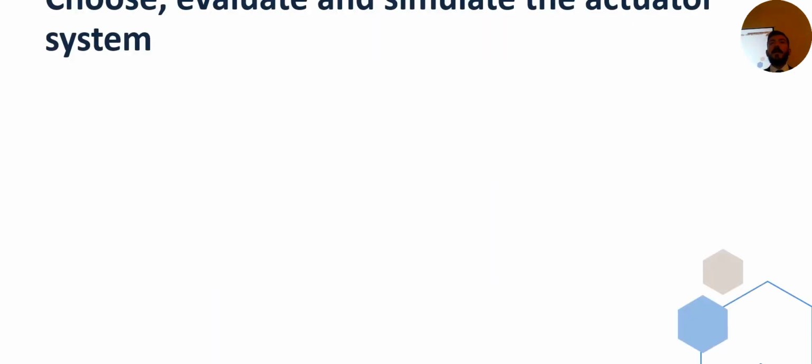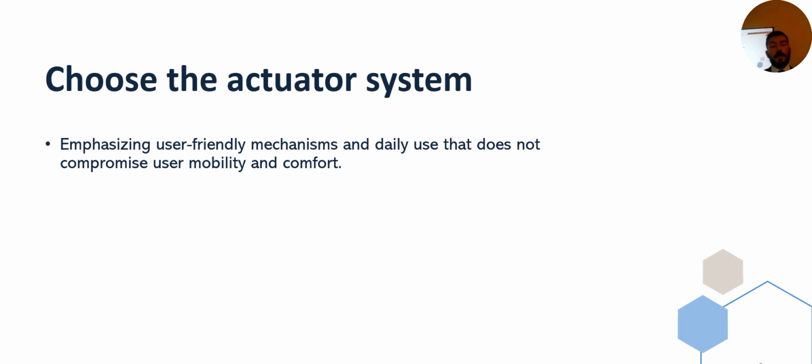The next stage is to choose, evaluate, and simulate the actuator system. First we need to choose the actuator system, and I want to emphasize that we normally need user-friendly mechanisms to be used with patients. If the patient is having trouble with an exoskeleton, or any other system, the patient won't use it even if it's helping them.